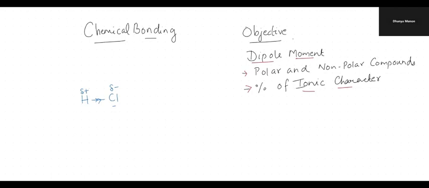Okay, so why is this polarity developed? Because of difference in electronegativity between the atoms. Okay, and we can say that this particular compound or this particular molecule is polar.